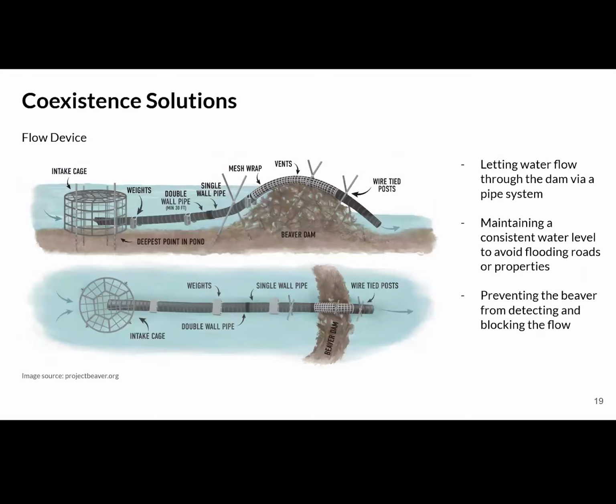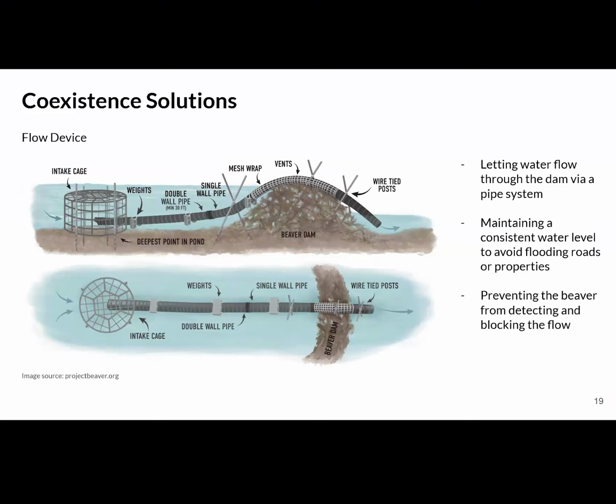And then second are the flow devices. The ultimate goal of that is to manage water levels, since people have concerns about flooding on their property. You're able to put a pipe basically over the dam, so the dam is able to stay there. There's also an intake cage so the beaver won't plug up that pipe.